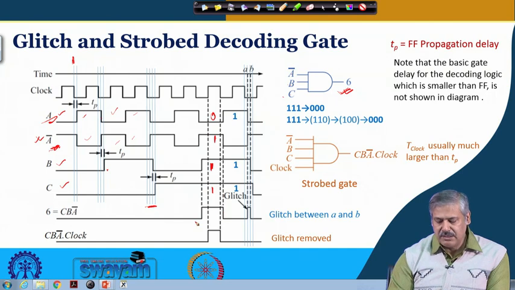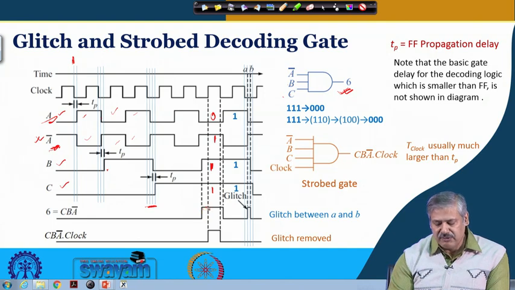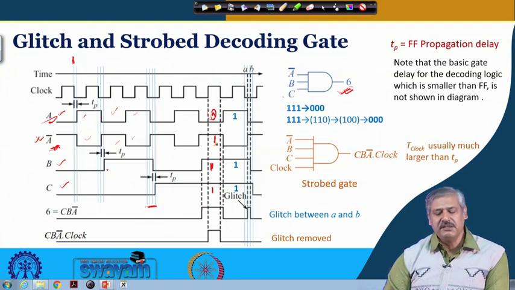Of course, in this AND gate there will be a small propagation delay which has not been shown here, which is less compared to the flip flop propagation delay. But the idea here is that the output will go high when C and B are 1 and A is 0, that is A bar is 1.